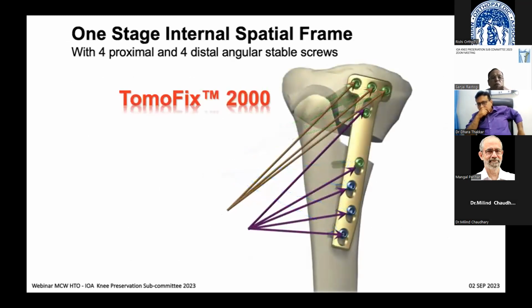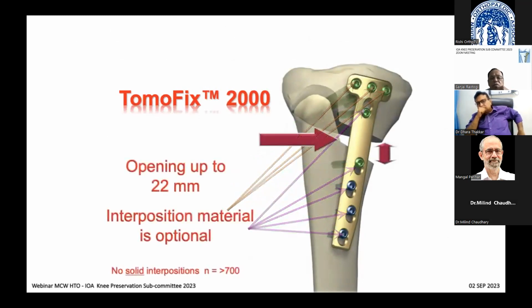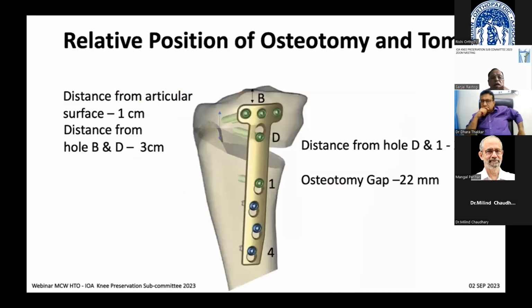Now this fixator is a one-stage internal spatial frame which has 4 proximal and 4 distal locking head screws, and it will allow opening up to 22 millimeters. The reason is the distance between hole B and D is 3 centimeters, and the plate is put 1 centimeter from the joint line.